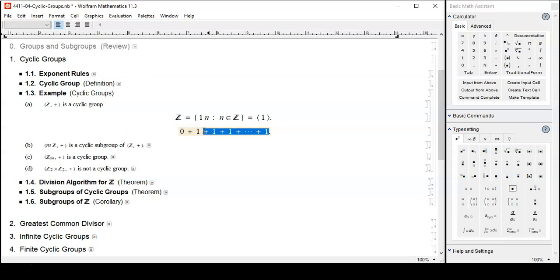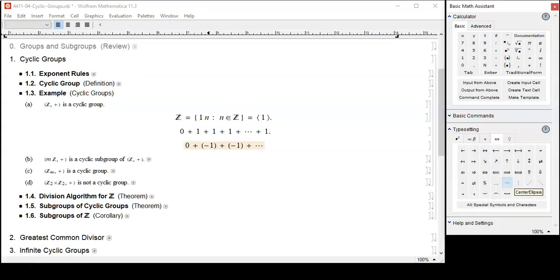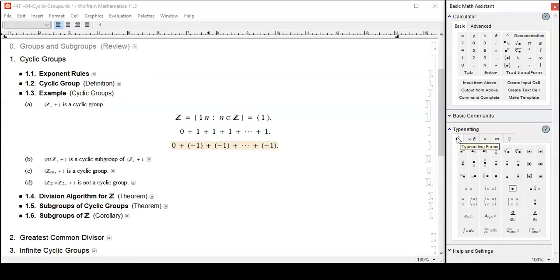Add it once, then 0 plus 1 is 1. Add it twice, 0 plus 1 plus 1 is 2, and so on and so forth. And then that'll cover all the non-negative integers. And for negative integers, they look like this. They can be covered like this by whatever repetition. So yes, this is a cyclic group.